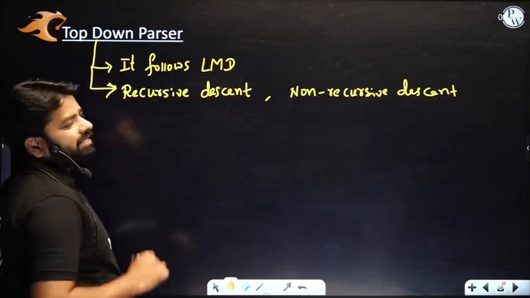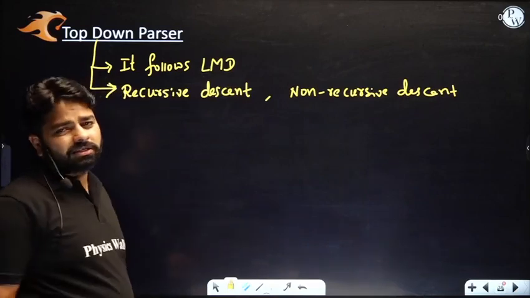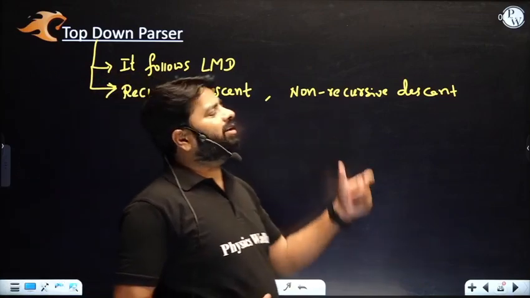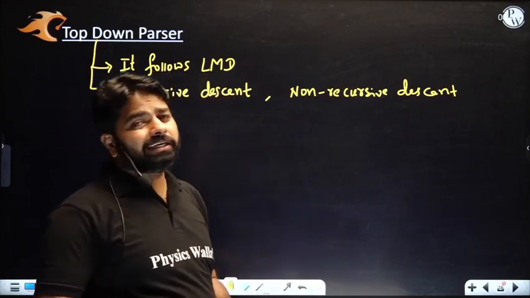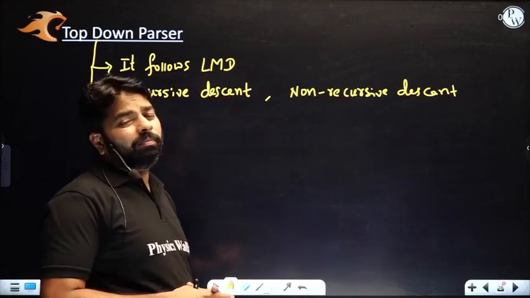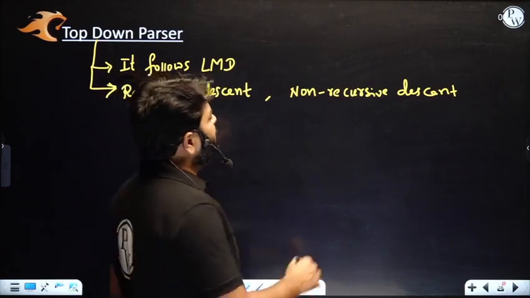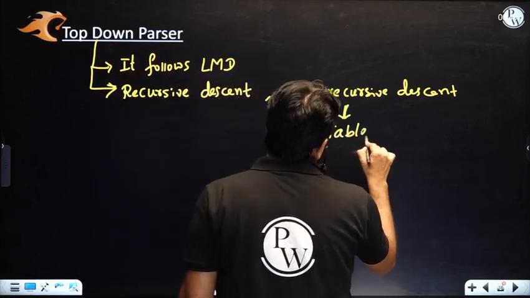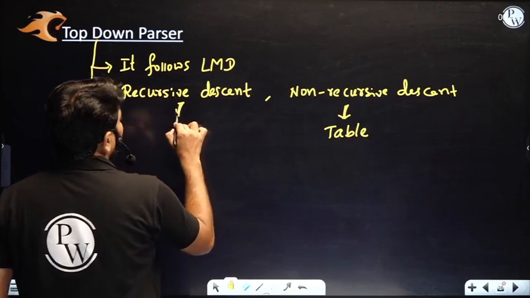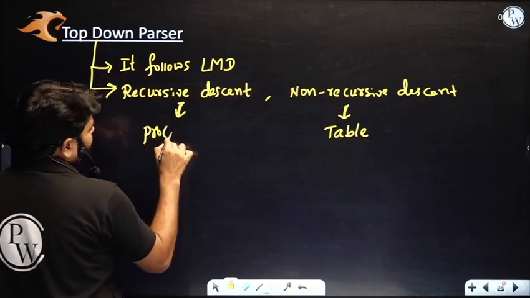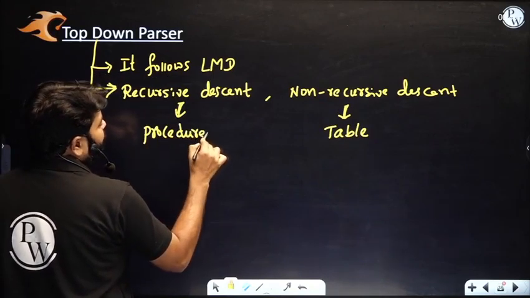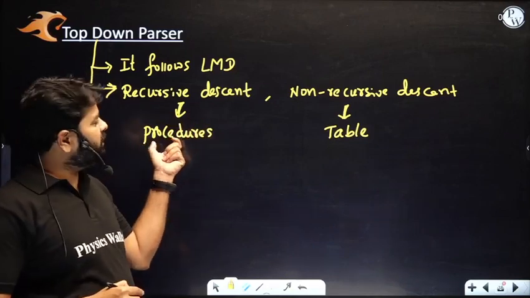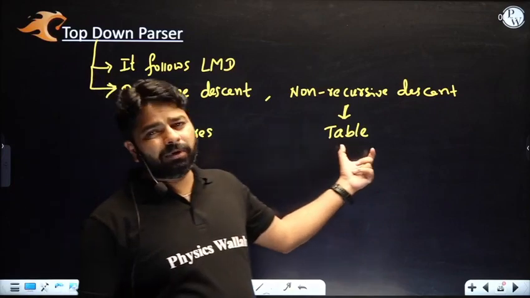If it is recursive descent, we use procedures to understand how each production can be used. If you are following non-recursive descent, you build a table, the LL1 table or predictive parsing table. This is basically the table approach. You write a procedure or function for each production, or you build a table for the whole grammar.